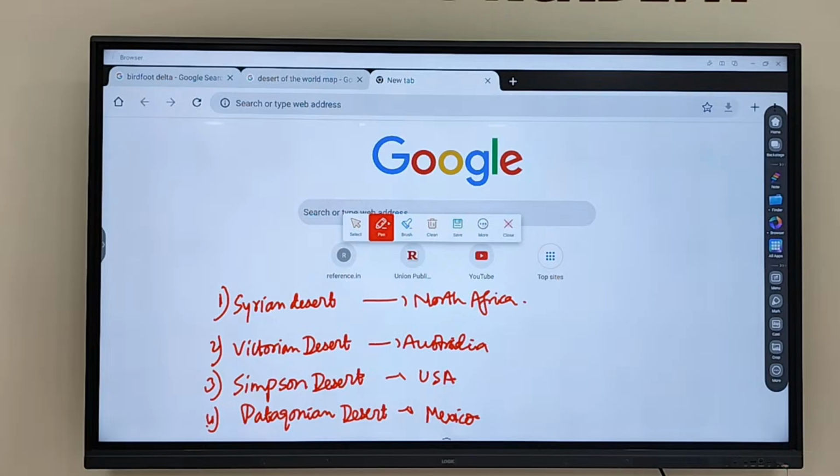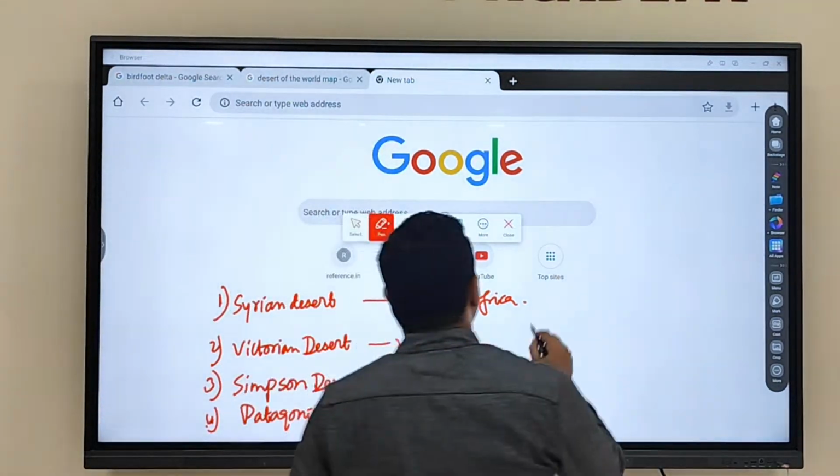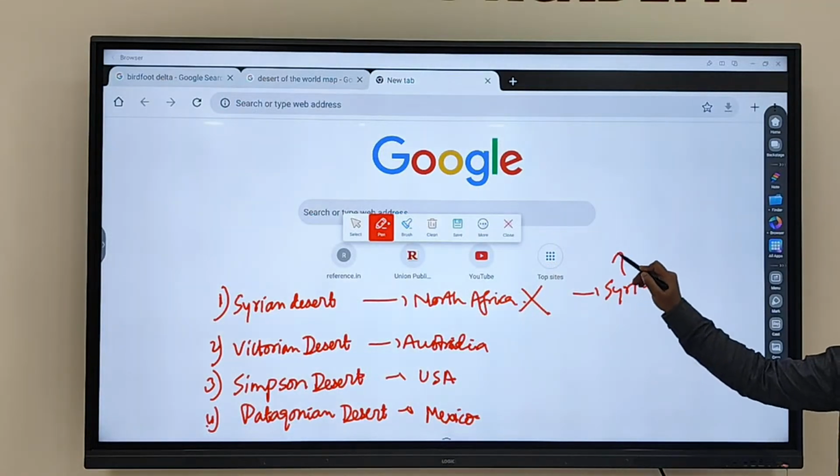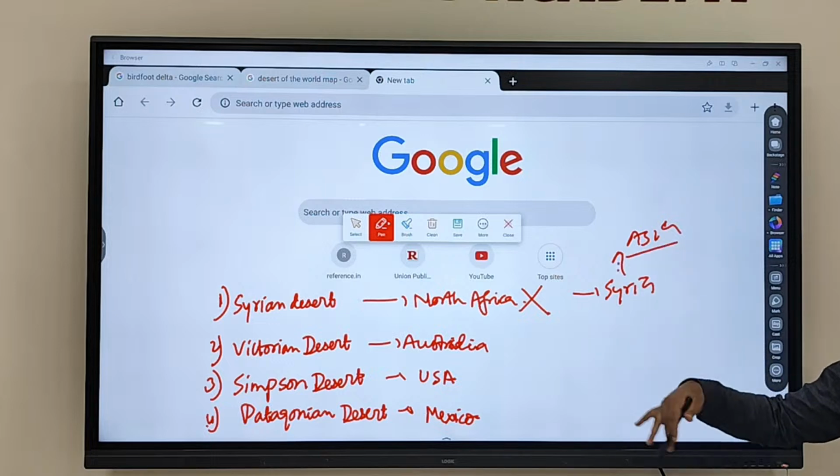Suppose the fourth is correctly matched. Anyone else? Second option. The fourth is not correctly matched. So the first is Syrian Desert. Where does the Syrian Desert lie? It lies in Syria. Syria lies in Asia. It is an Asian country. It is not part of Africa. Clear?